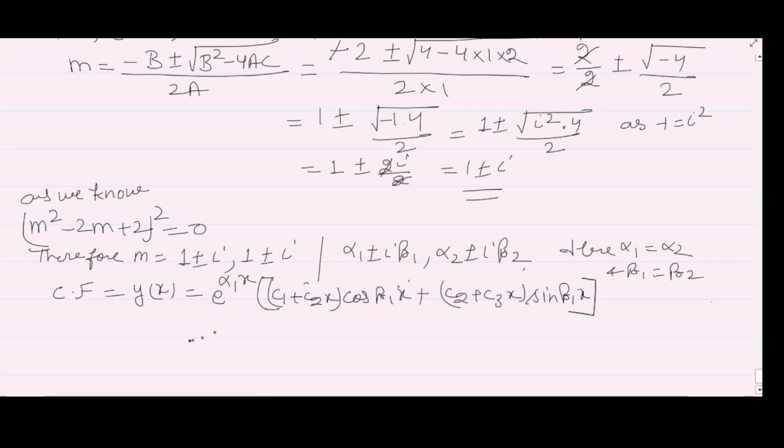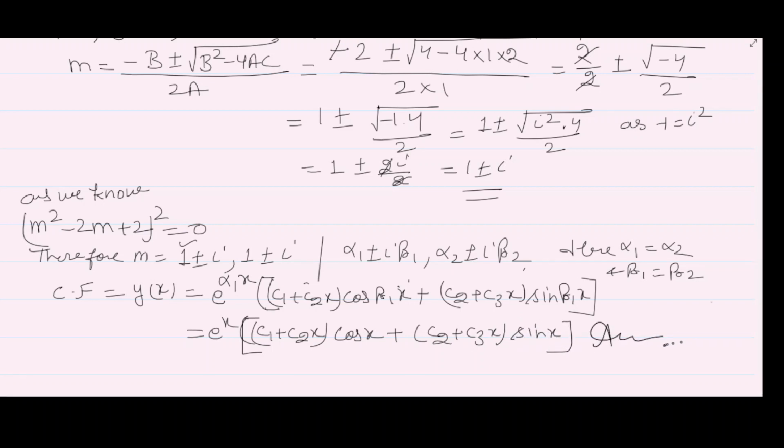Okay, so now here the value of alpha 1 is 1, so e to the power x (c1 plus c2 x), right? And then cos, the value of beta 1 is also 1, cos x plus (c3 plus c4 x) sin x, and this will be our required answer.